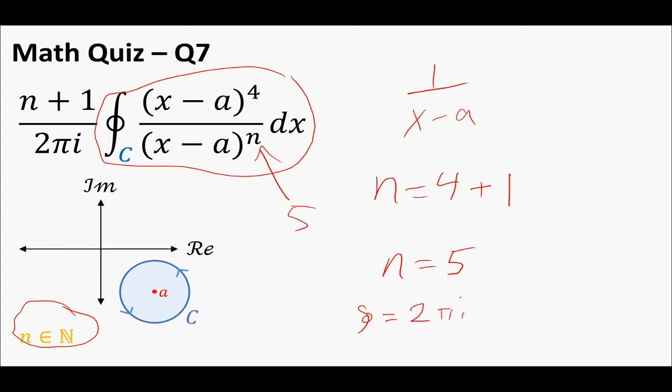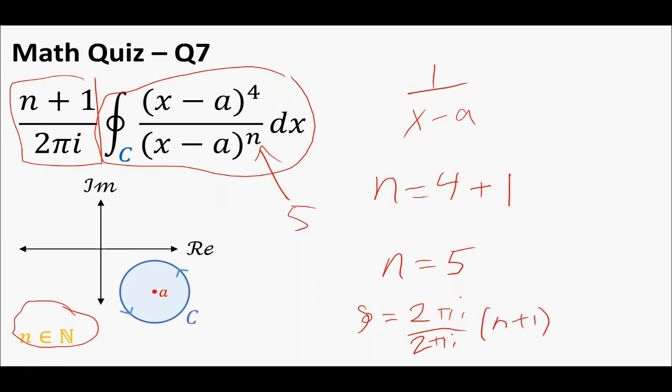And then once we factor in this part of the equation, we divide by 2 pi i, which is 1. And then we multiply by n plus 1, as you can see on the top there.